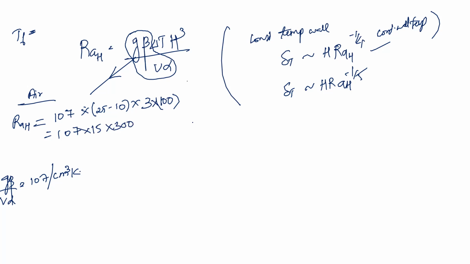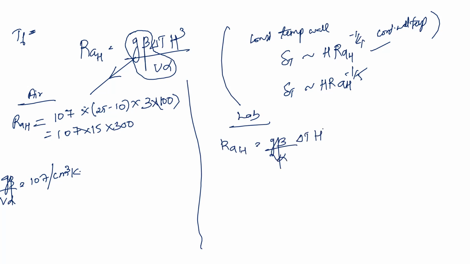That's for air. Now in the lab apparatus, we will be using water. So Ra_H is g beta by nu alpha delta T H cubed. We assume the same mean fluid temperature and calculate this value for water.